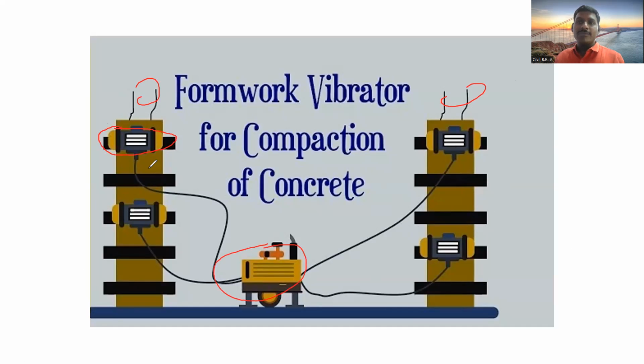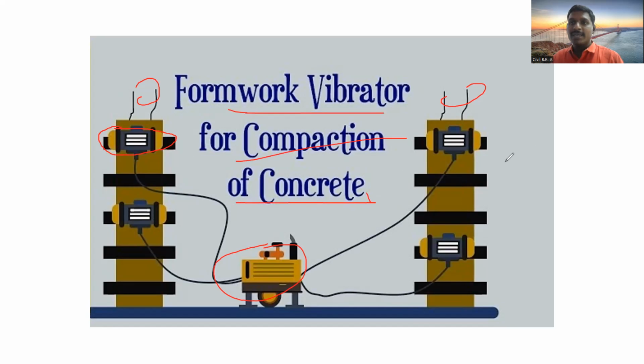So why are we calling it a formwork vibrator? Because we are vibrating the formwork. We vibrate the formwork so the concrete will compact. So here it is written: formwork vibrator for the compaction of concrete.